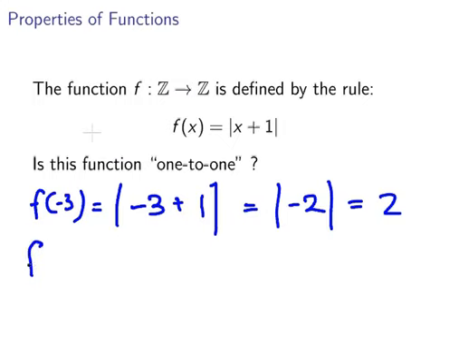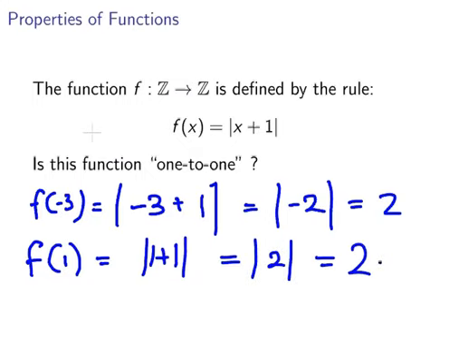If we were to look at f of 1, that would be 1 plus 1, that's also equal to 2. We have two distinct values, minus 3 and 1, and when we use the function to evaluate the corresponding element in the range, we have the same value here. So the answer is no.